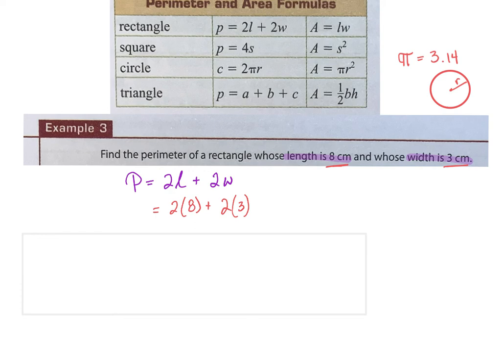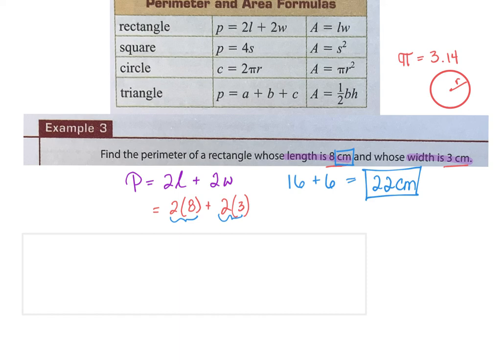My multiplication first. What is 2 times 8? 16. And then my 2 times 3. And so now I can find out that my perimeter is 22. They specifically said centimeters. So I'm going to say 22 centimeters is my perimeter.